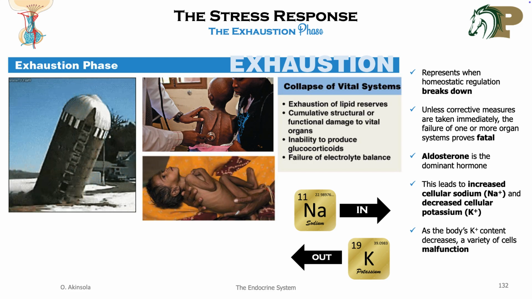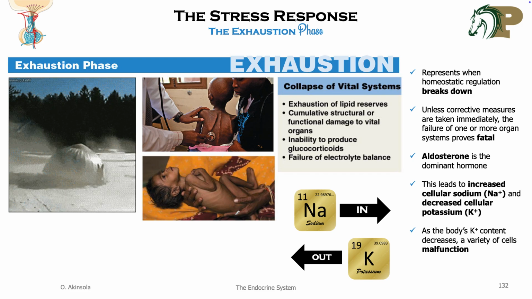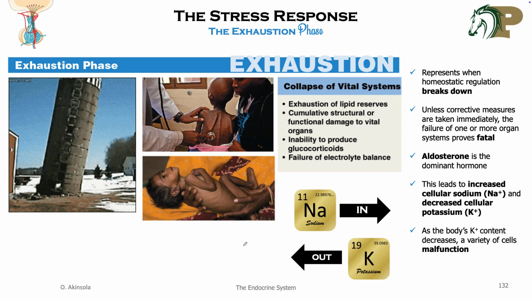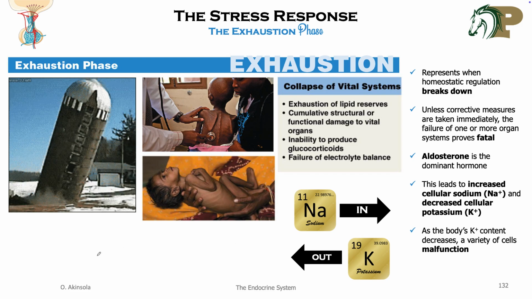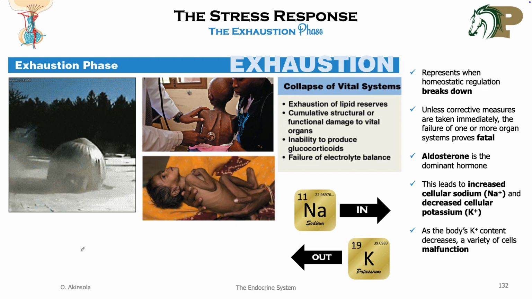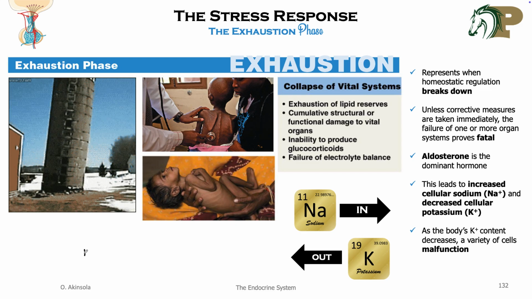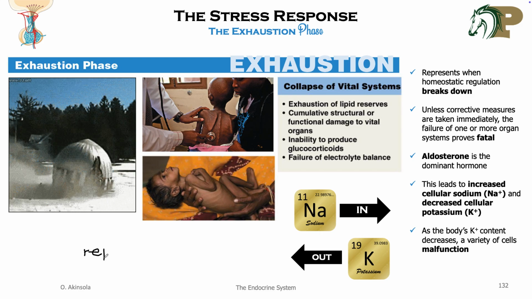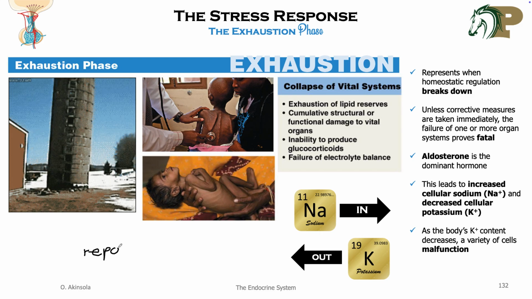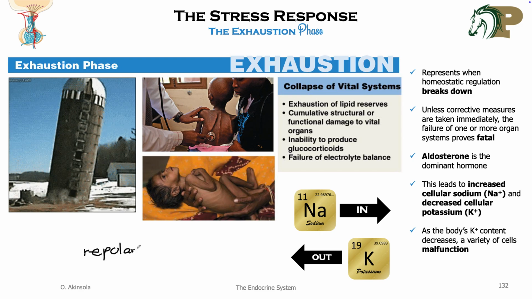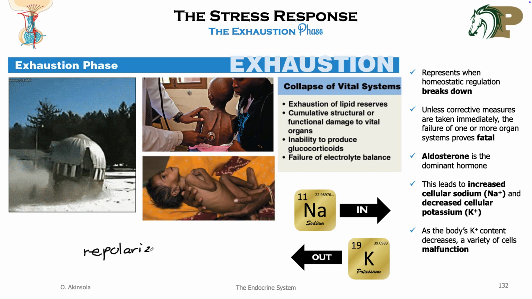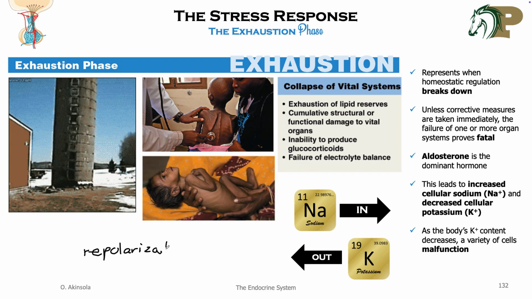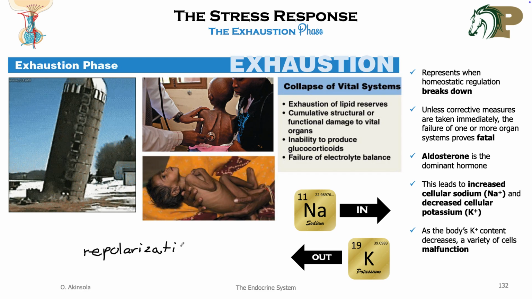As the body's potassium content decreases, a variety of cells will malfunction. That is because a good number of cells in the body, if you recall from the nervous system last semester, use potassium for repolarization of pretty much every tissue in the body.